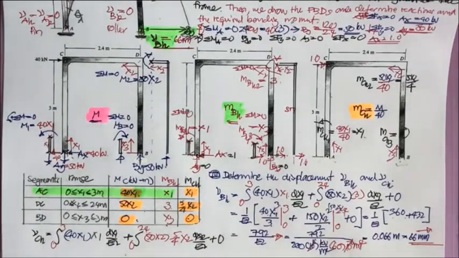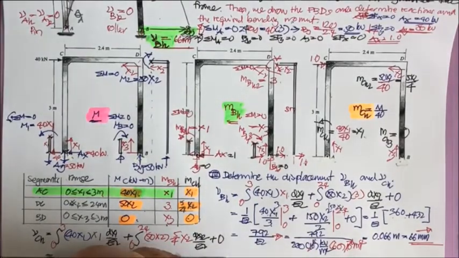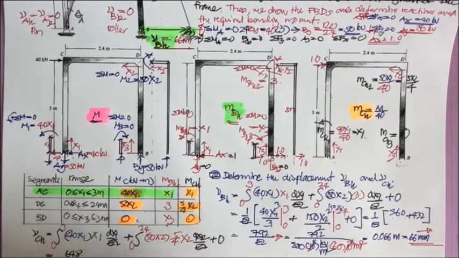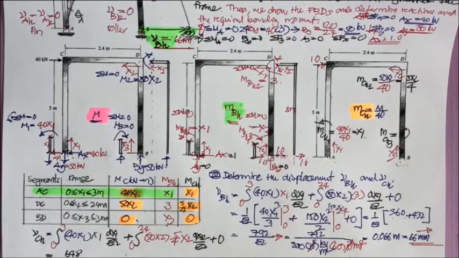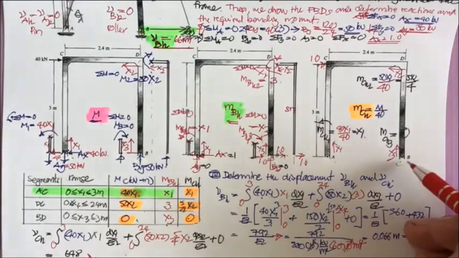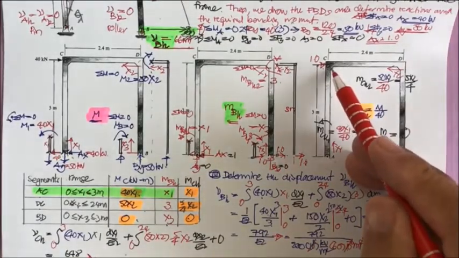If you do the equation the same as before, you will get 648 divided by EI, and since it is positive, it is in the same direction as this one.